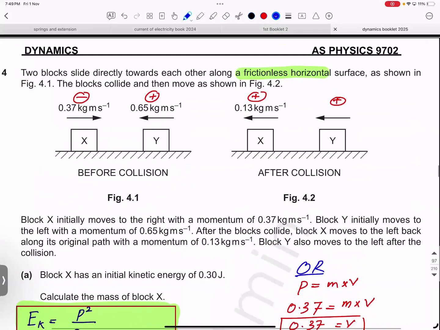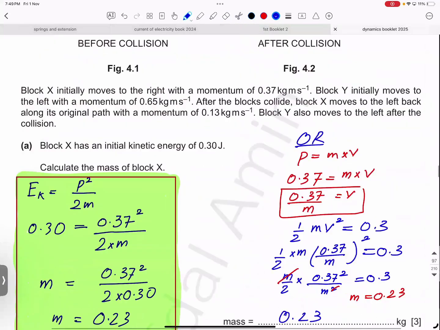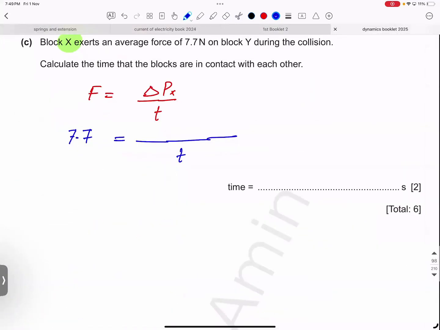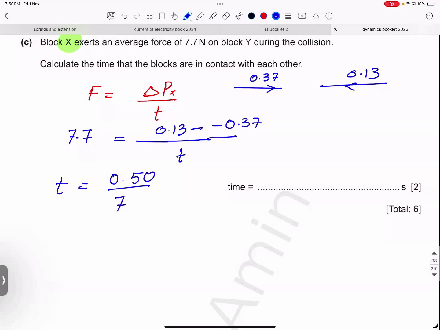So change in momentum, since they are in opposite directions, is final minus initial. So 0.13 minus negative 0.37. So T is 0.5 over 7.7, which is 0.065.